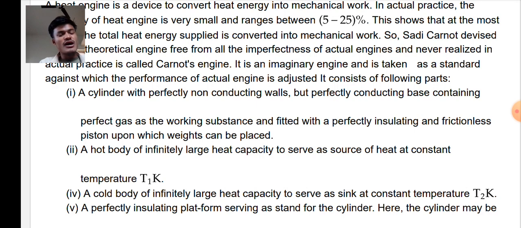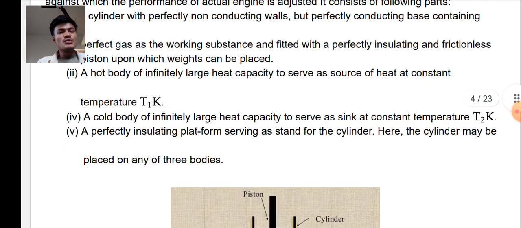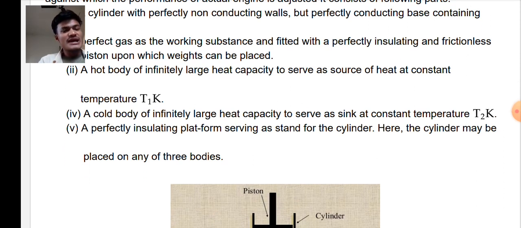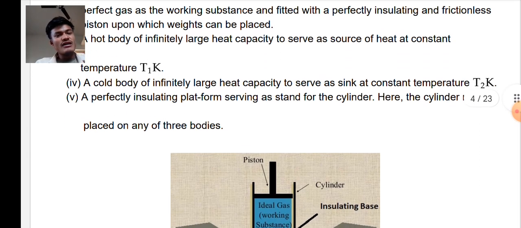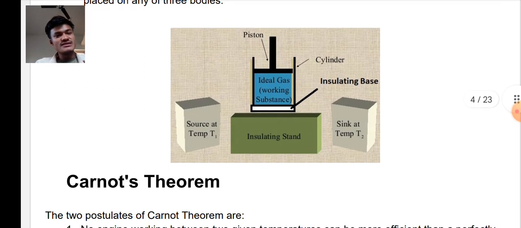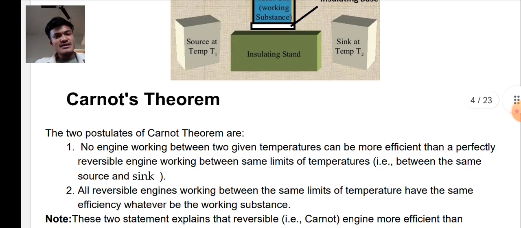A hot body of infinitely large heat capacity to serve as the source of heat at constant temperature T1 K. A cold body of infinitely large heat capacity to serve as the sink at constant temperature T2 K. A perfectly insulating platform serving as a stand for the cylinder. The cylinder may be placed on any of the three bodies. You can look at the picture.